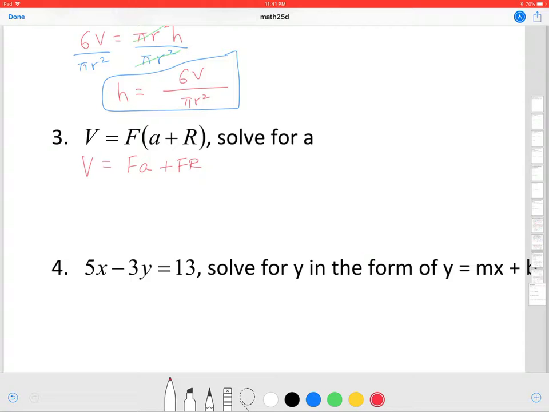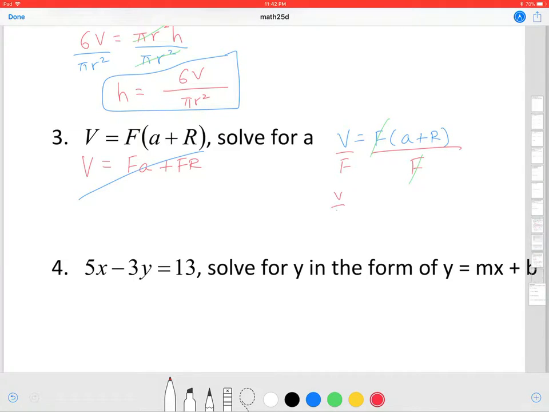So I'm going to approach this a little differently. Instead of doing that, let me rewrite the problem. First, I want to get rid of this f. What is f doing to the right hand side? It's multiplying. So I'm going to simply divide. By doing so, f should disappear from the right hand side.